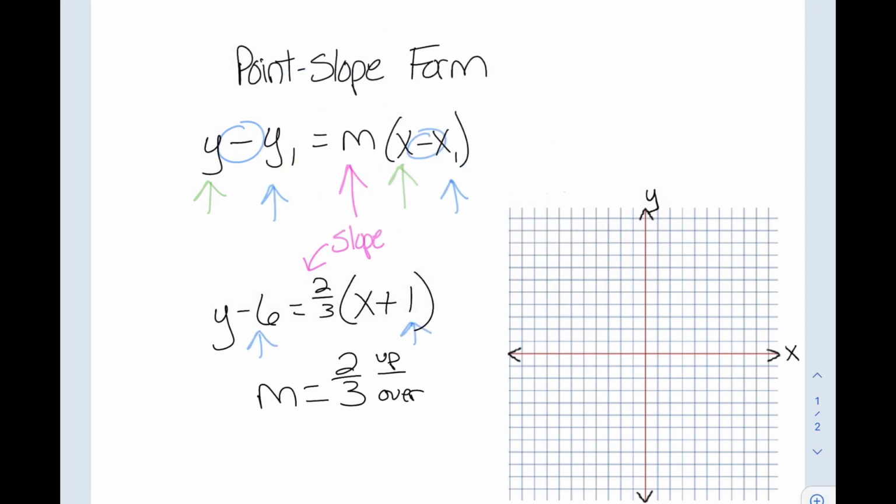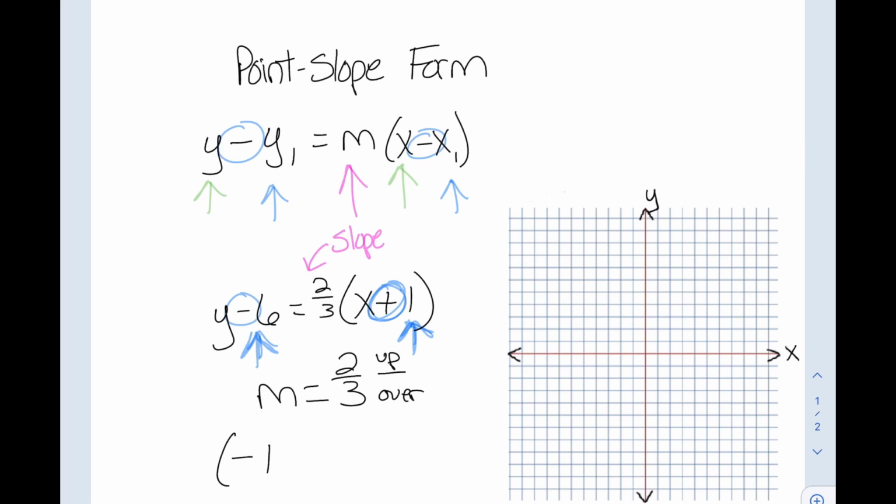Now we have to be careful with this sign. It should be a subtraction sign. So if the x1 right here is a positive 1, that means it started out as a negative 1. And then when we did x minus negative 1, that's how it became x plus 1. Then we look at the y1.